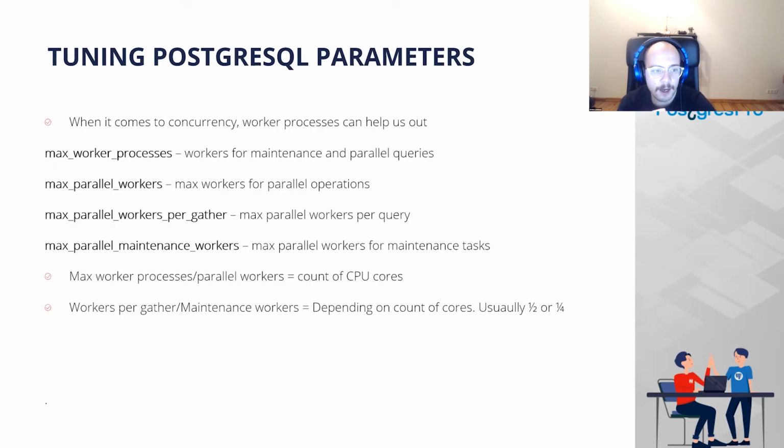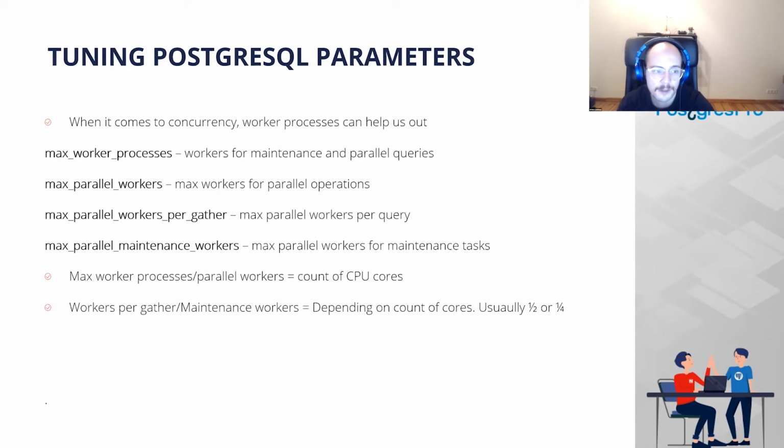Then next up, let's talk about parallel processes and worker processes. So concurrency. Max worker processes is the maximum amount of worker processes for both maintenance tasks and parallel queries. Then we limit this with max parallel workers, maximum workers for parallel operations.